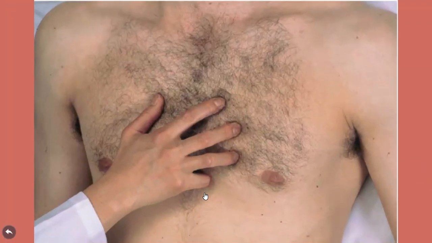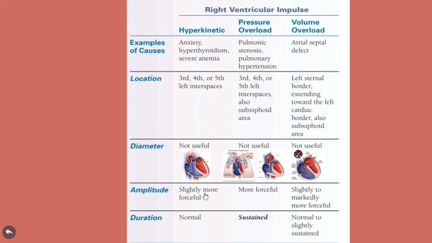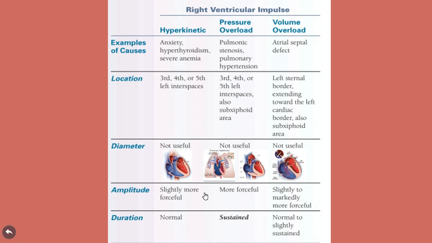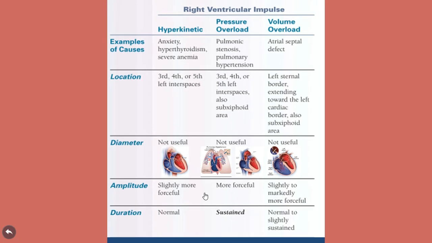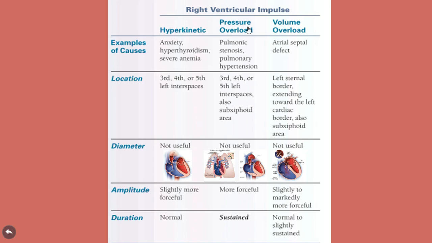How about this one? This is for patients with a possible right ventricular impulse. You can appreciate an impulse on those areas, and you think of a possible right ventricular origin. Okay, so just like on the left, it can be hyperkinetic, secondary to pressure overload and volume overload. Another example of pressure overload is pulmonary stenosis and pulmonary hypertension, and volume overload secondary to atrial septal defect.